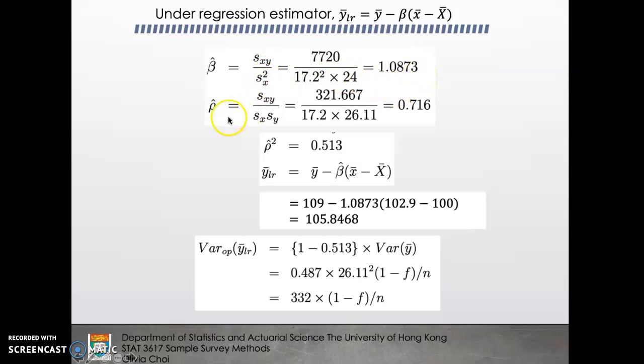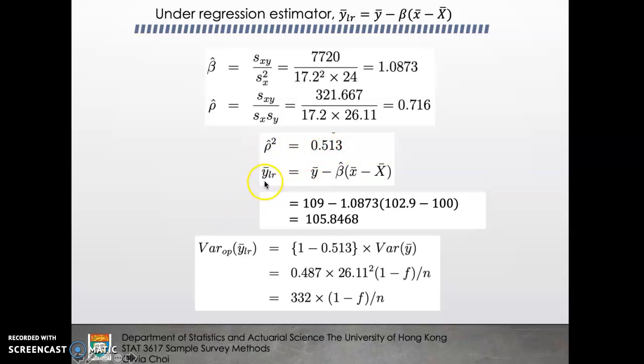1.0873. Rho, the correlation between X and Y, equals SXY over SX times SY. So the correlation is quite high, about 0.716. The rho square is around 0.513.